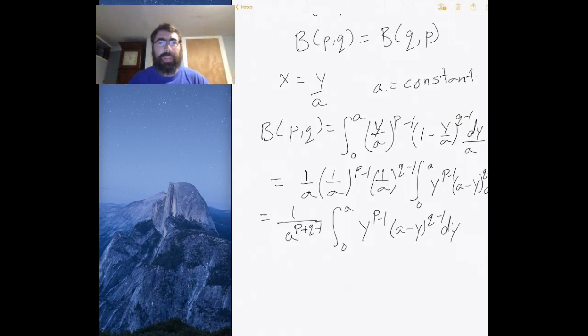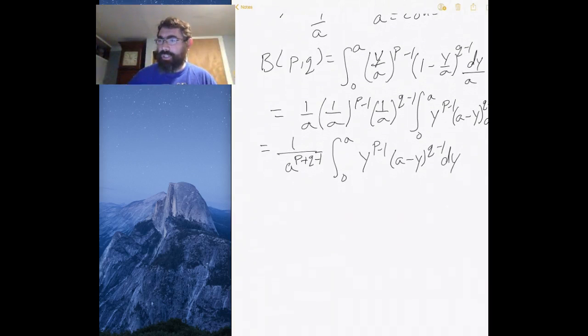Now we have a beta function that can range not from 0 to 1, but from 0 to any number a. As long as a is a positive number, I can set an arbitrary limit and make it any range.